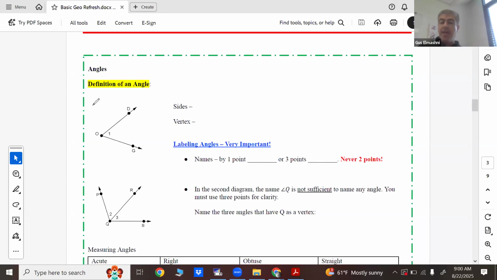Okay, excellent. Thank you. So let's define an angle first. An angle is simply going to be 2 rays with a common endpoint. By the way, there could be opposite rays, and we would create something called a straight angle. But for the most part, they're usually not going to be straight.